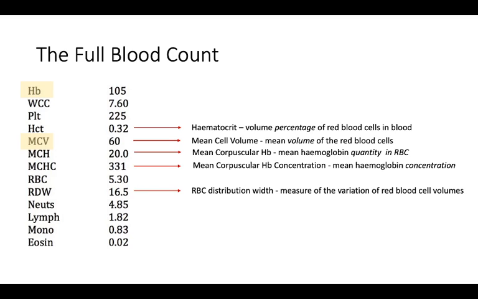The difference between them is that MCHC takes into account the volume of the red blood cell, so it's looking at concentration. They are not as important in anemias, but essentially they move up and down parallel to the mean cell volume. So it's just so that you know what these are when you look at a full blood count.